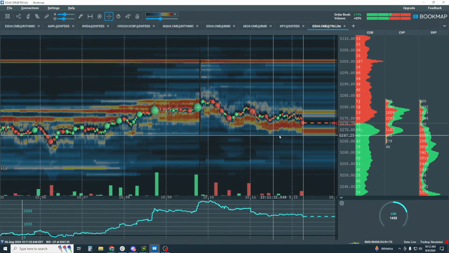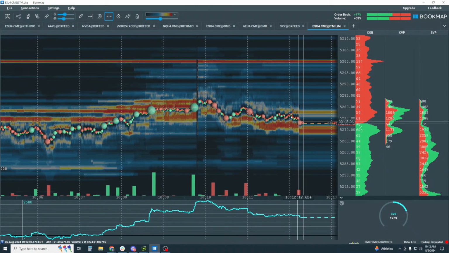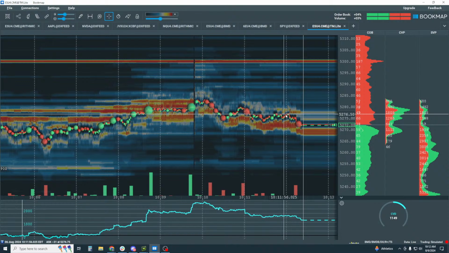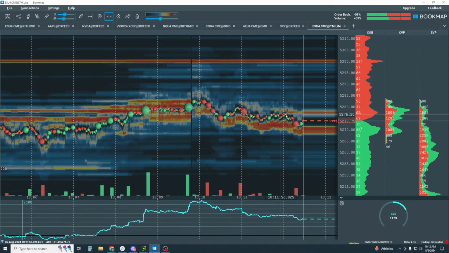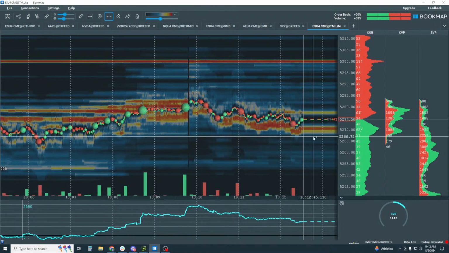That's just it. It's either market buy or sell orders or limit buy or sell orders. Now, of course, there are other types of orders, but it's either passive or aggressive. So that's what we're looking for in here to understand.